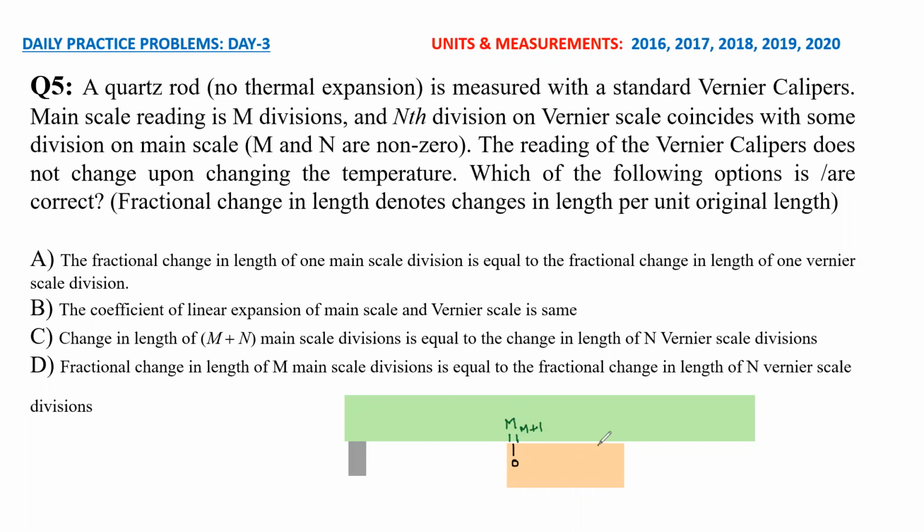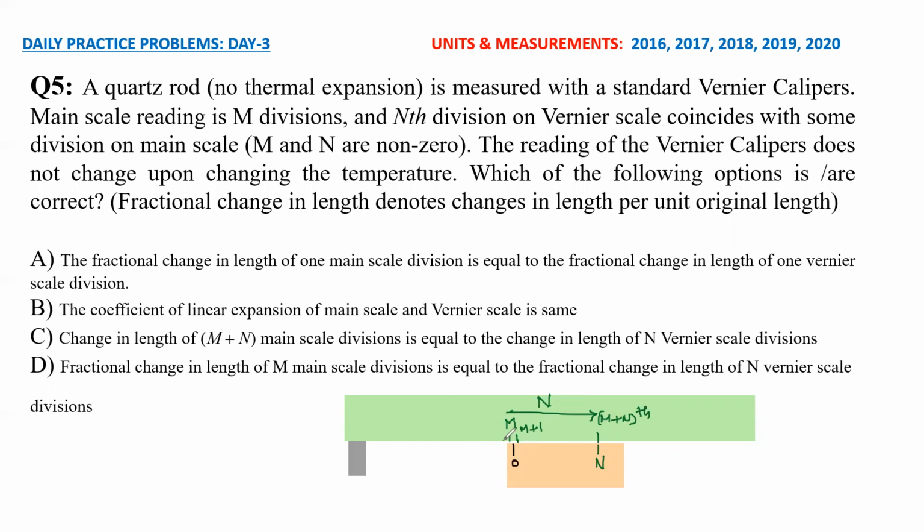And if somebody is saying the nth division matches with that of a main scale, since we have moved forward, it is obvious that n main scale divisions from there, that means the m plus nth main scale division is what matches with the nth division of the vernier scale now.